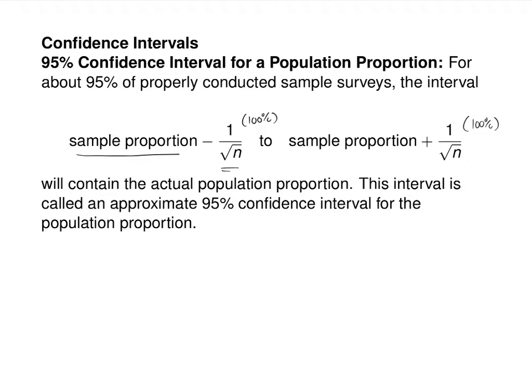And this tells you that for about 95% of properly conducted sample surveys, that interval is going to contain the actual real proportion. Some of them won't, they'll be off, but 95% of them will. So we're just going to find that for a few things and talk about how to find the intervals. That's the hardest thing today, and it's not so bad.